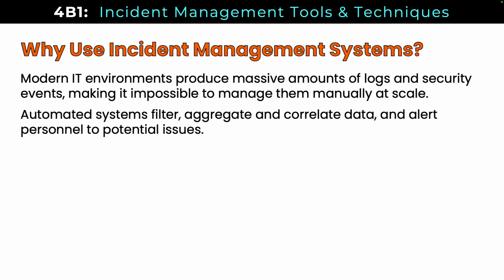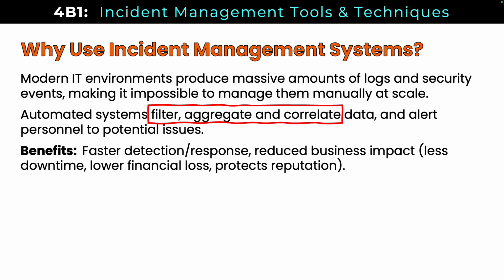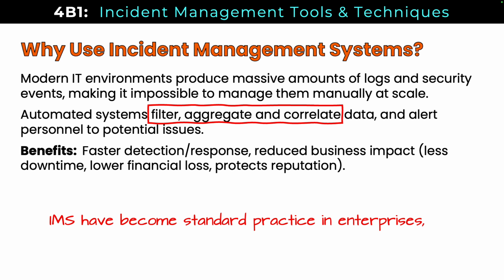So they'll do some of that heavy lifting in the filtering, aggregation, and correlation so we can get the people looking at potential incidents more quickly. So it gives us faster detection and response, reduced business impact, less downtime, lower financial loss. It's going to help us protect our reputation. But these incident management systems have become standard practice in enterprises.